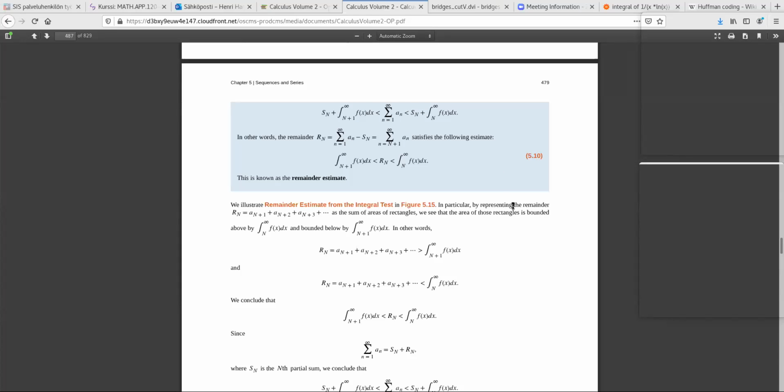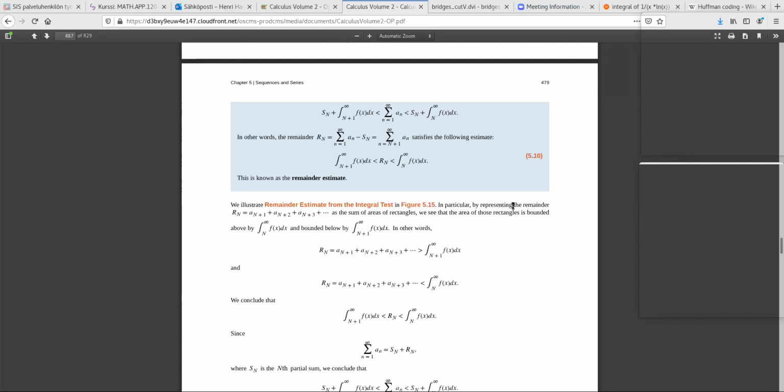So for many functions, we can get a pretty nice approximation of the limit using this f of x, where f of x is pretty much the same as this a of n for all of the n's.